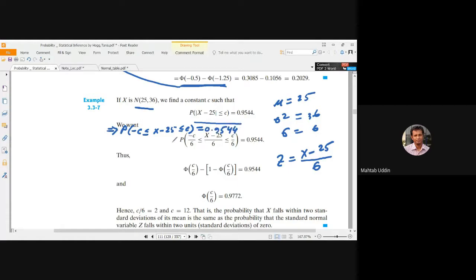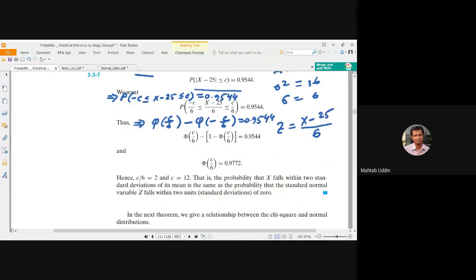Then since x minus 25 is already ready, we have to just divide by 6. Then you can write here, phi of c by 6 minus phi of minus c by 6 equal to 0.9544.